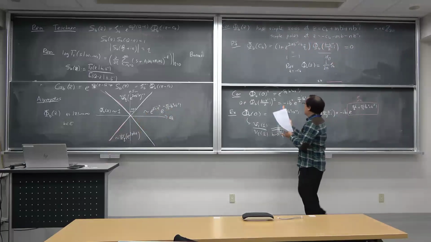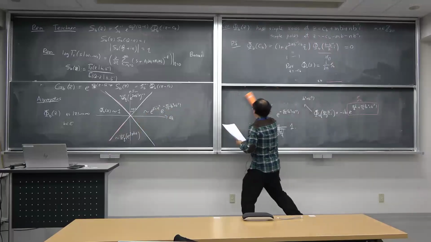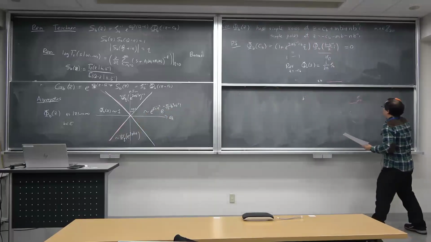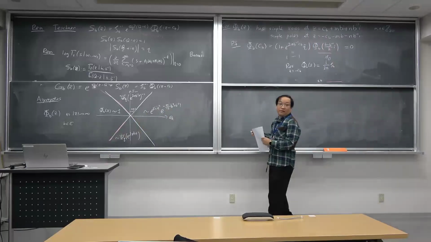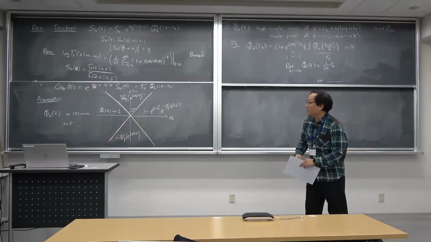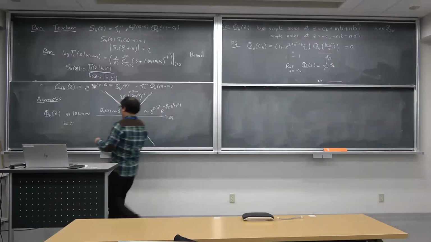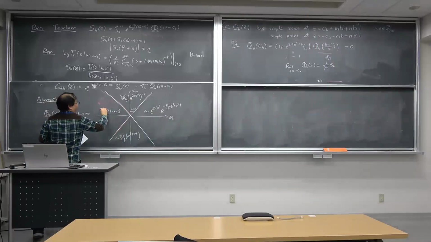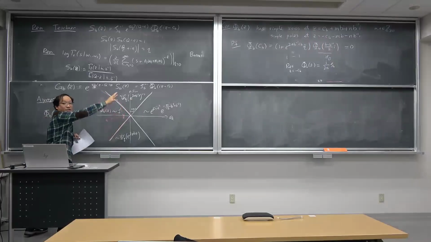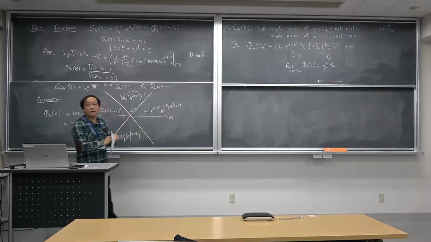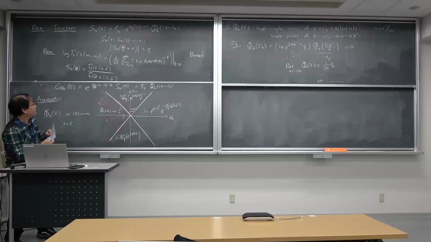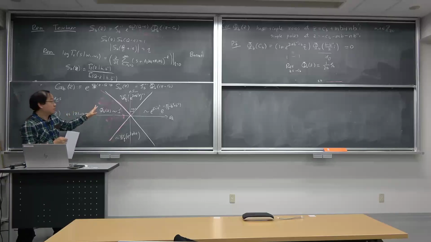Okay, so now here comes the most important part of today's lecture, that this function satisfies a very special property. I'm considering the whole region, and similarly for the other 4 regions.